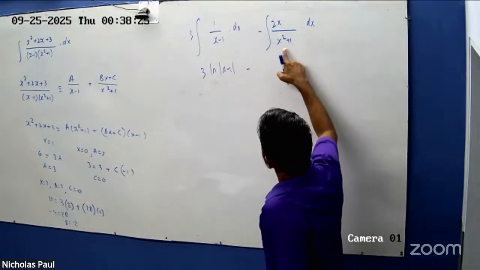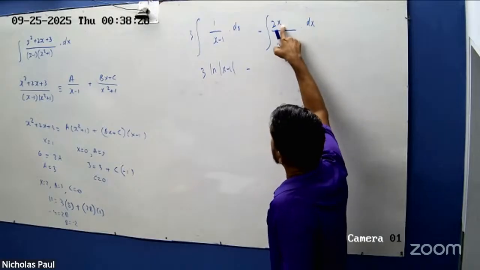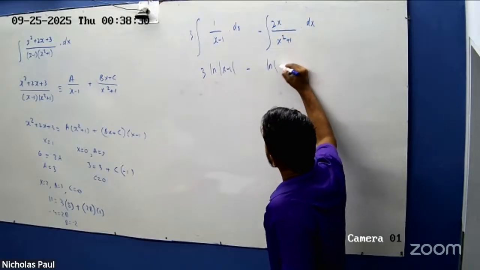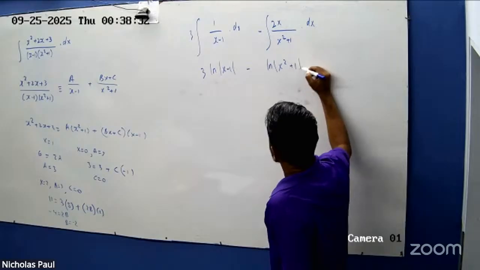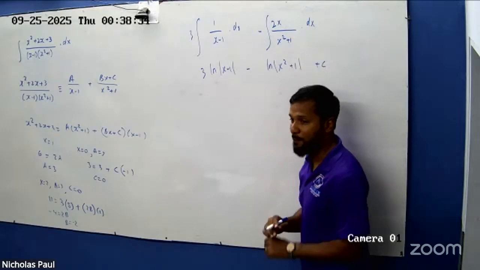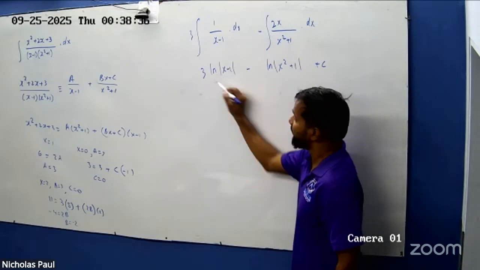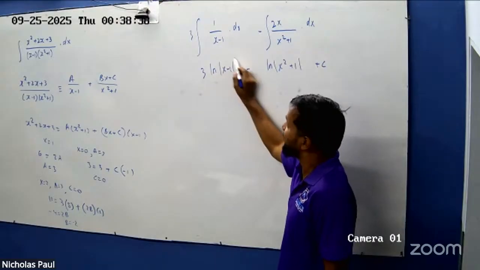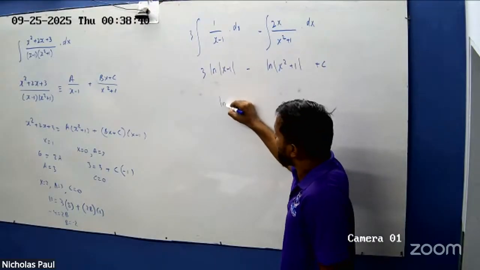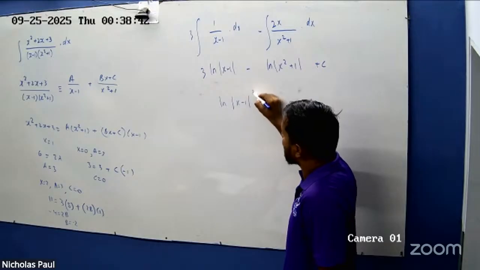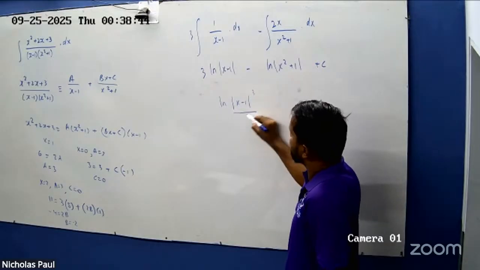And here, the differential of x squared plus 1 is 2x, so I know it's ln. I saw some people make a mistake here, Darian. This 3 has to go here, so that'll be ln x minus 1 cubed divided by this.